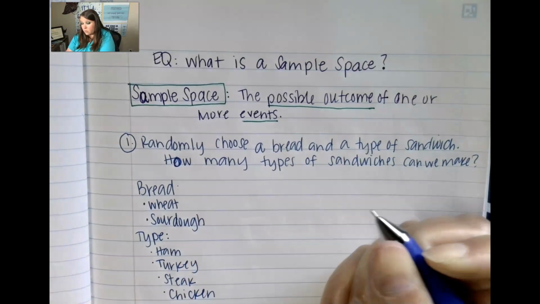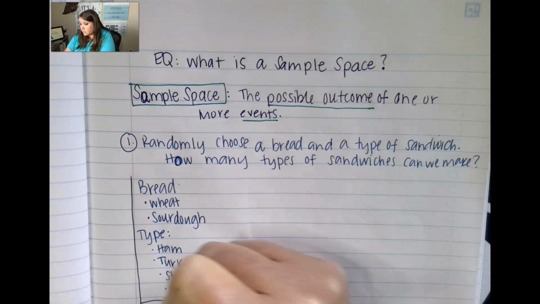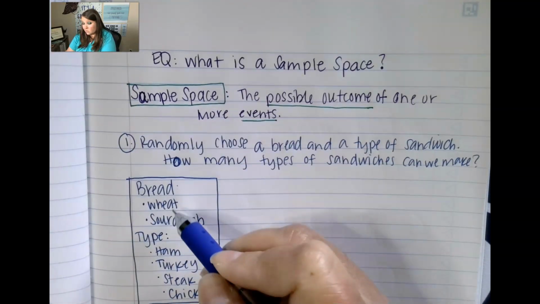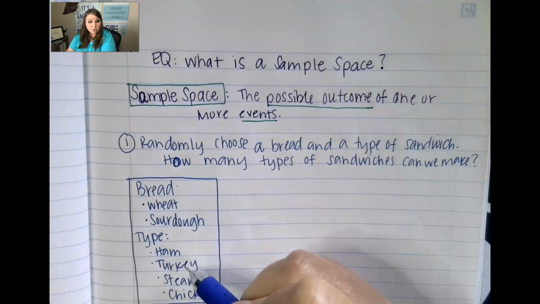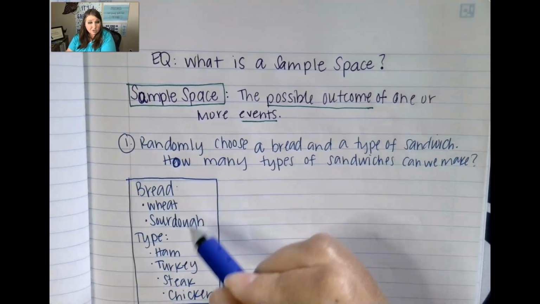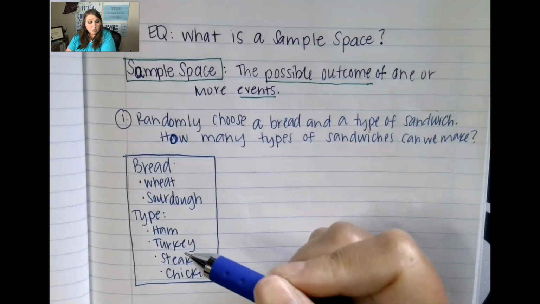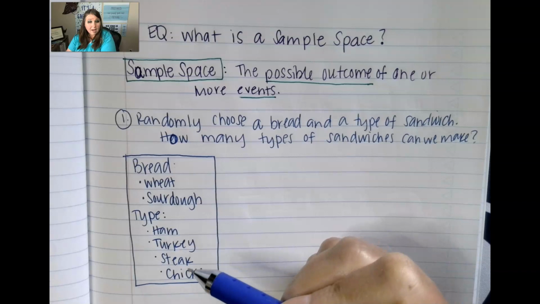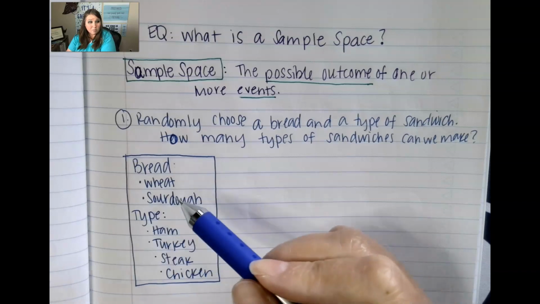Okay. Now, these are the options. You can make many different types of sandwiches. You could have turkey on wheat. You could have turkey on sourdough. You could have steak on sourdough. You could have a steak sandwich on wheat bread.